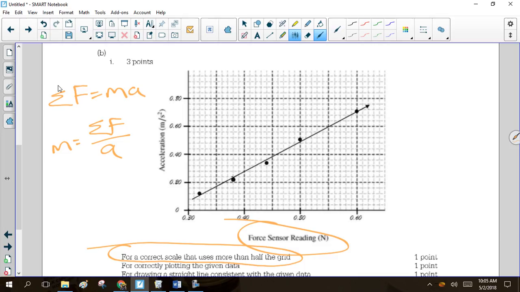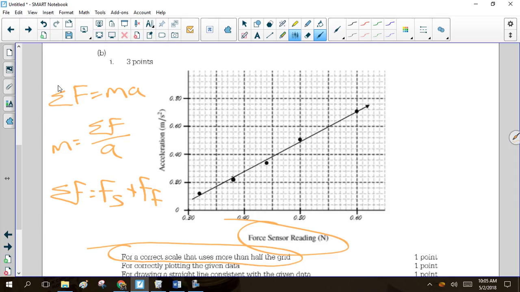No, it's not, right? But the issue is this. My net force is the force of the sensor, which is changing, plus the force of friction, right? Tell me something important about the force of friction. It's constant, right?